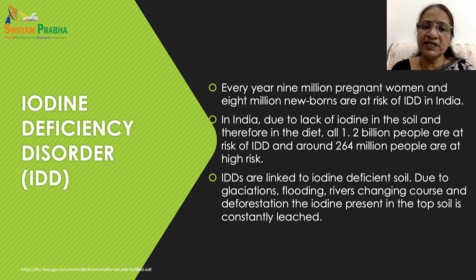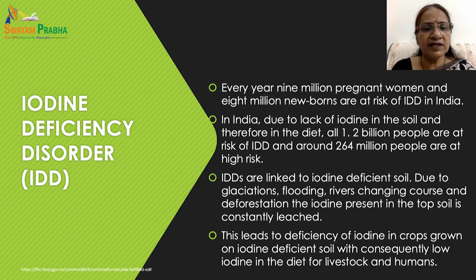The iodine present in the topsoil is constantly leached. This in turn leads to deficiency of iodine in crops grown on iodine deficient soil, with consequently low iodine in the diet for livestock and humans.